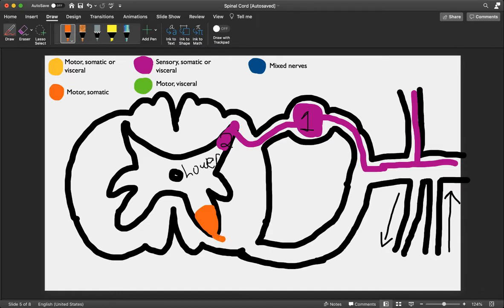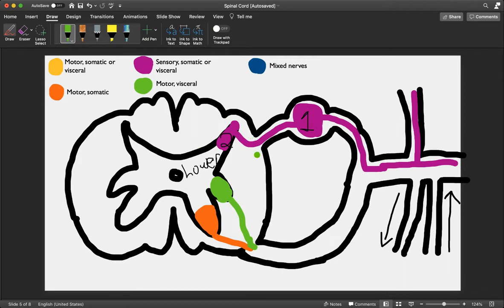It will travel through to the anterior root eventually, but it can only be picked up at this location. With motor visceral, it can only be picked up in the spinal cord at the lateral gray horn. And again, it will come into the anterior root eventually.